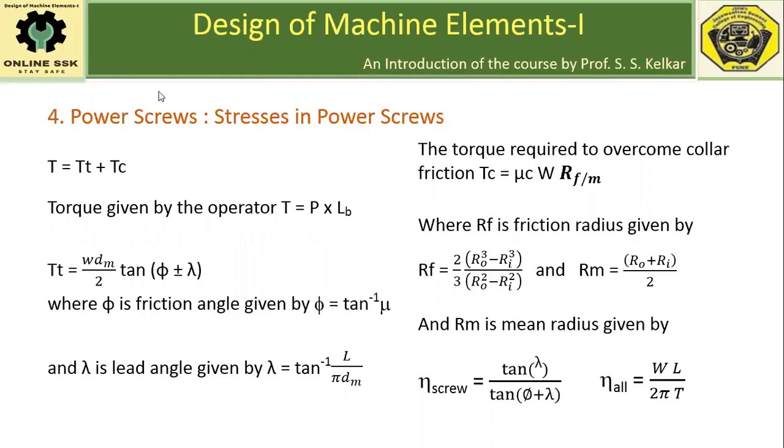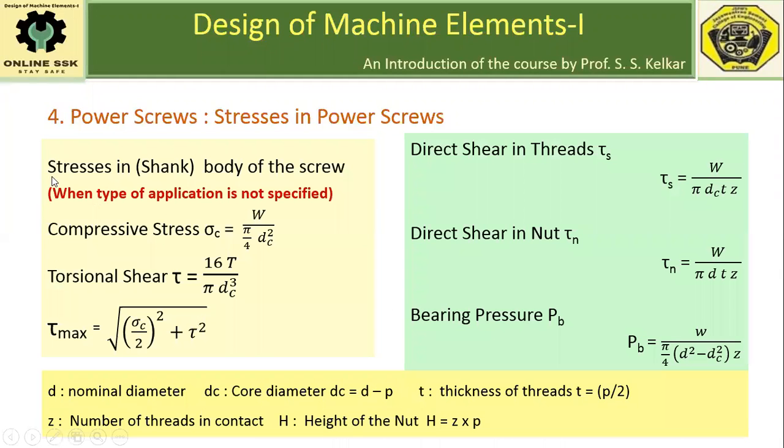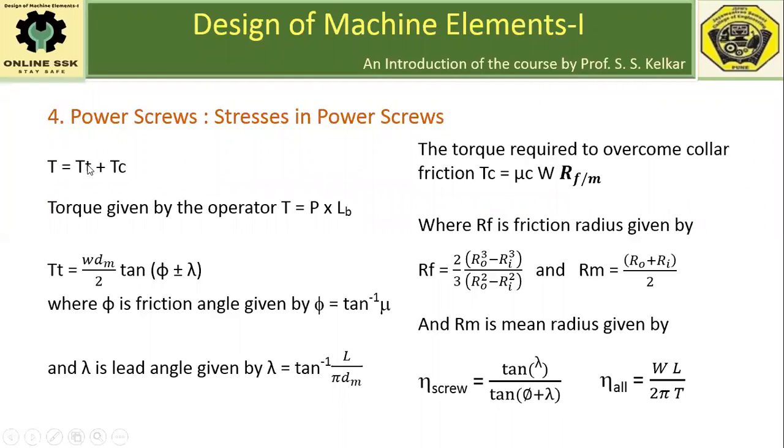The total torque as given by the operator for operating the power screw application is equal to Tt plus Tc, wherein Tt is the torque required to overcome the thread friction and Tc is the torque required to overcome the collar friction.